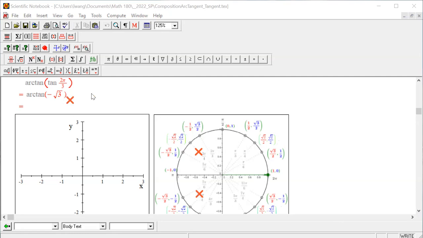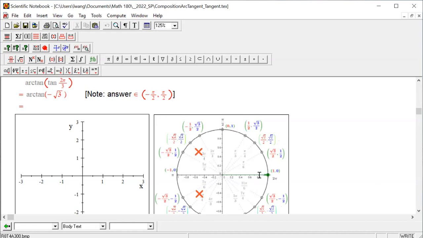Always keep in mind, before you get the answer, I know you probably know the answer already, whenever you see arctan, the answer is going to be within the range of arctangent, which is from negative pi over 2 to pi over 2. Before you even look for the answer.